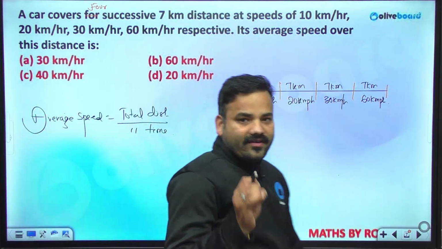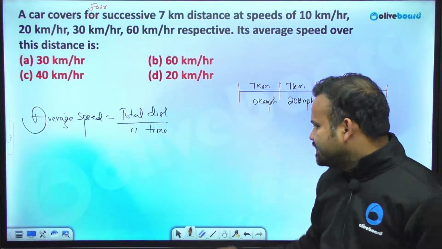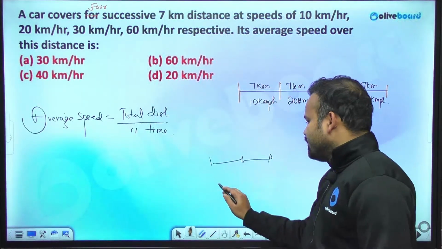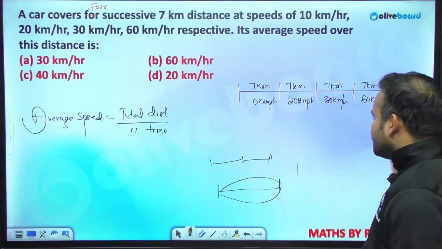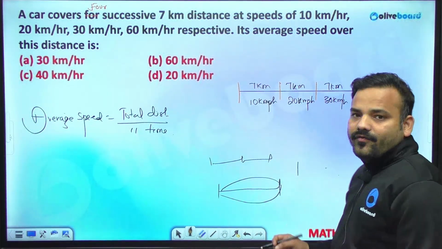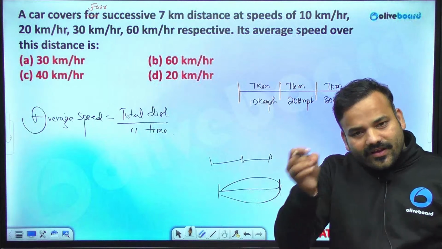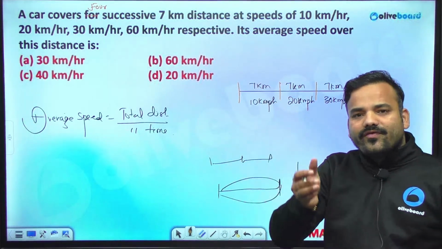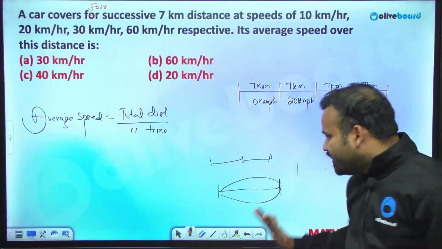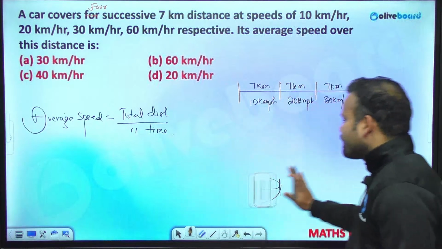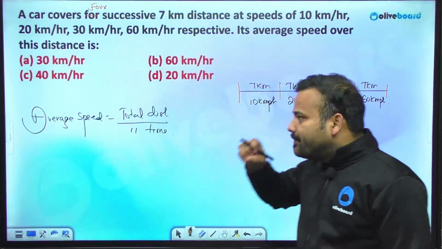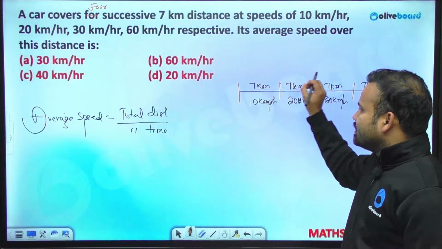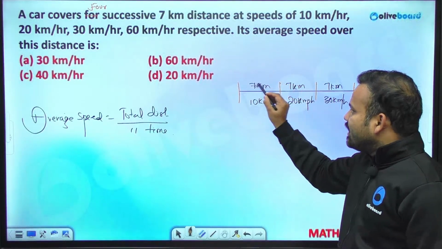But whenever the distances are the same, let's say half distance and half distance, going to your office and coming back, one third, one third, one third, or one fourth, one fourth, one fourth, one fourth, or one fifth, one fifth, one fifth, one fifth, one fifth. Whenever the distances are the same, even you can use this, or you can't be depending on this entire 7 kilometer distance. How to calculate average speed over here?